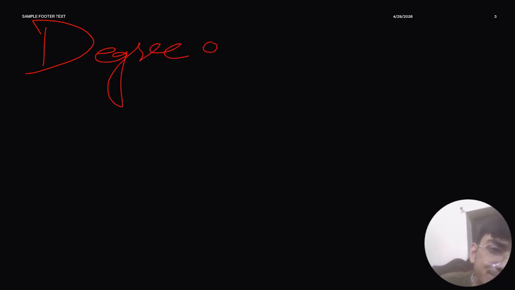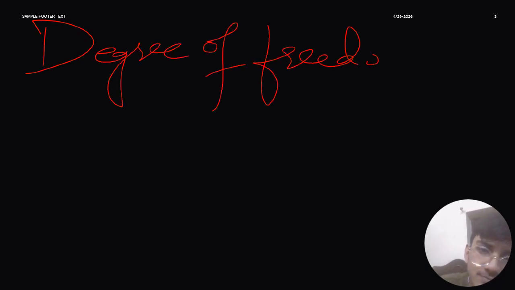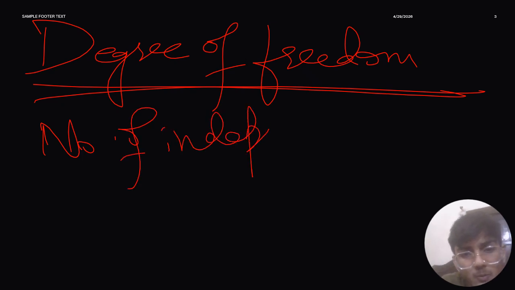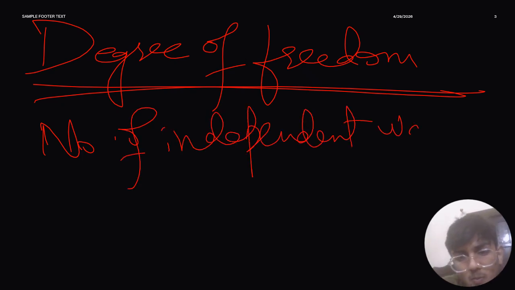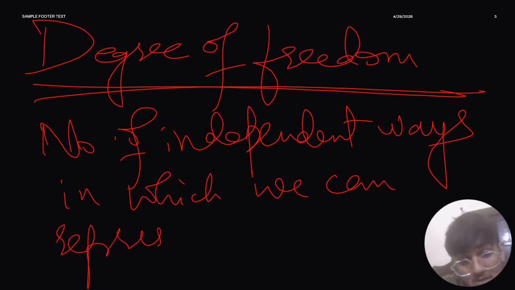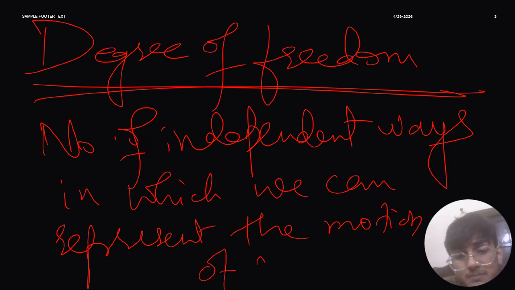Now, talking about some more things like degree of freedom. Degree of freedom is the number of independent ways in which we can express or represent the motion of a gaseous molecule.